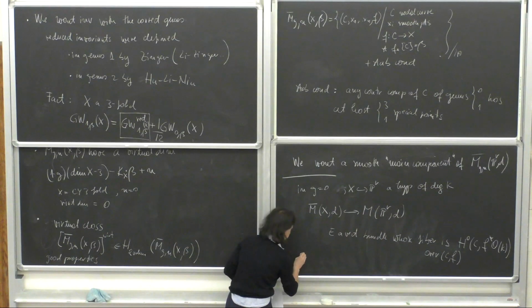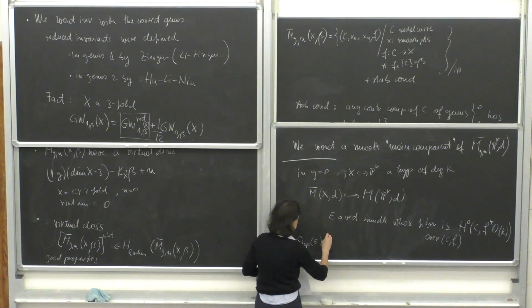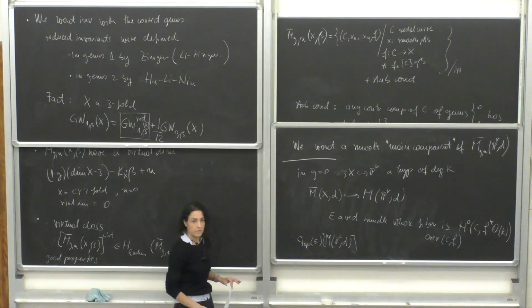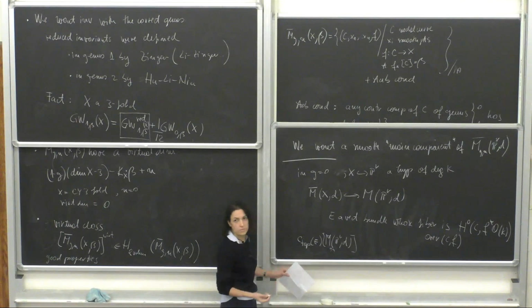Then what you do is look at the top Chern class of this E and intersect it with M, P^R, and D. So this is what you do in genus 0, and you'd like to do something similar.